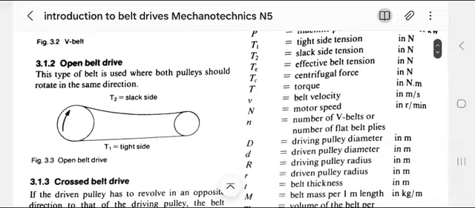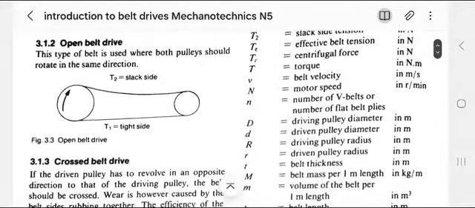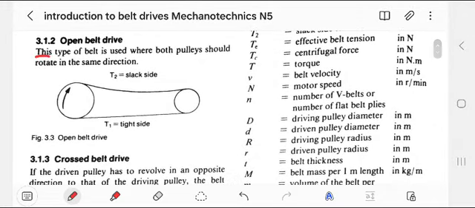Now we have to deal with types of belts here, guys. We have the open belt. As you can see, they say this type of belt is used where both pulleys should rotate in the same direction. We know that T2 is the slack side. If it's rotating like this, we know the tight side will be T1.